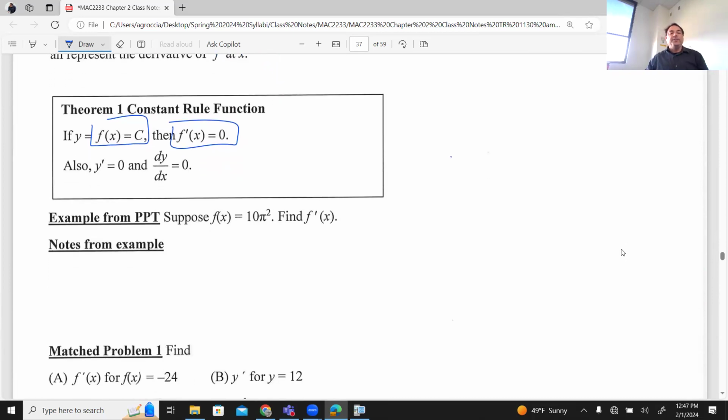Then let's do some weird ones. What do you think the derivative of 10 pi squared is? What is the derivative of 10 pi squared? And you're like, oh, we've never done pi. But what's the answer?